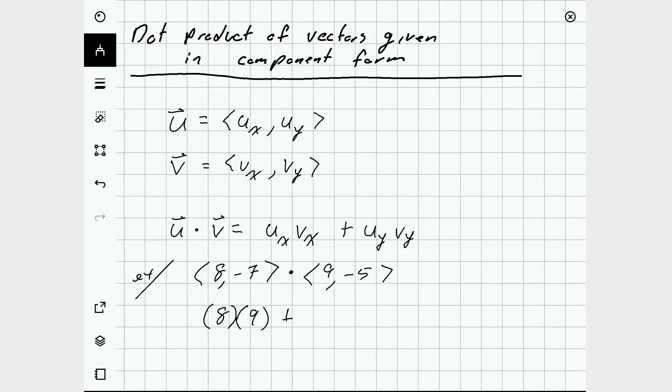We will multiply the y components, which is -7 times -5 in this case. 8 times 9 is 72, -7 times -5 is positive 35, and add those together we get 107 as the dot product of these two vectors.